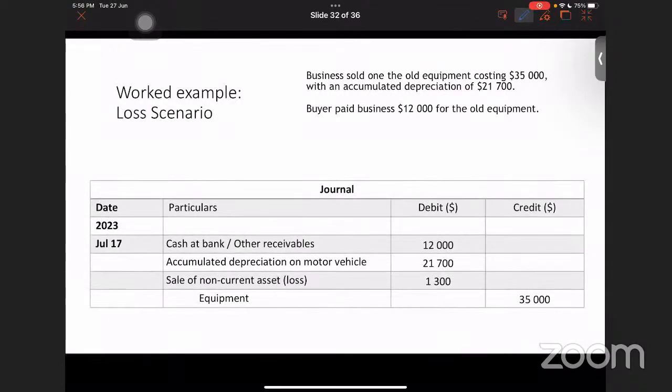Then another scenario where we are making a loss this time. Still the same condition. Our NCA costing this amount with an accumulated depreciation of 21,700, and we receive 12,000 for our equipment that we sold. So same steps to apply. First step, money that comes in, 12,000.